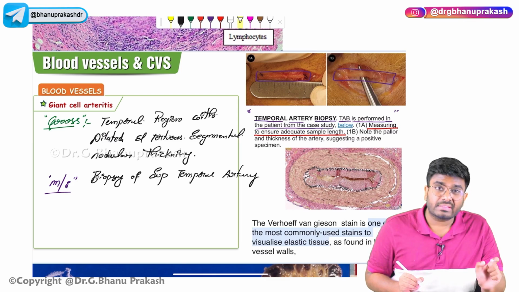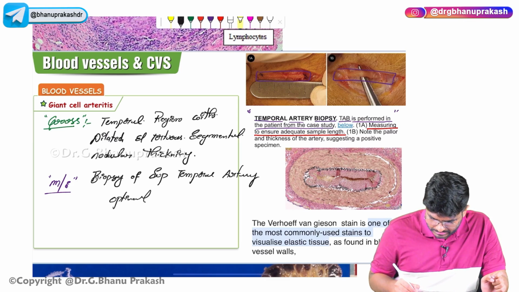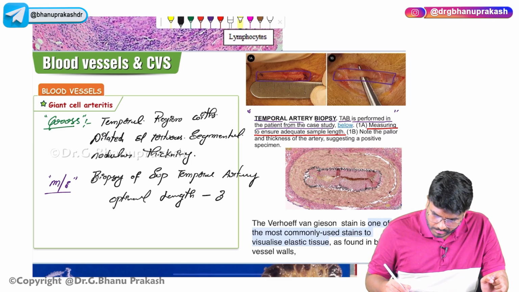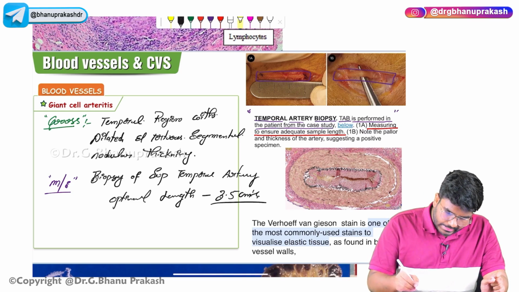What is the optimal length you need to take? The optimal length is 3 to 5 centimeters. 3 to 5 centimeters of the biopsy you need to take.